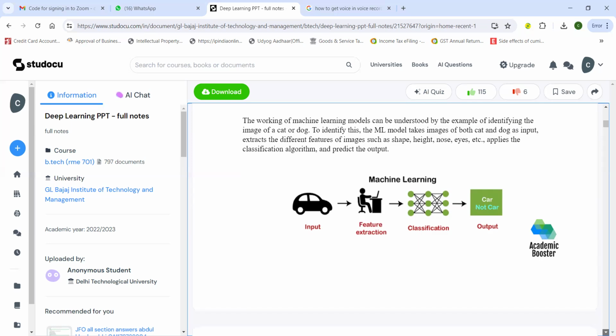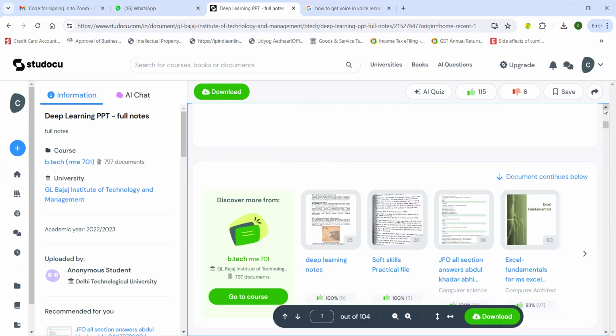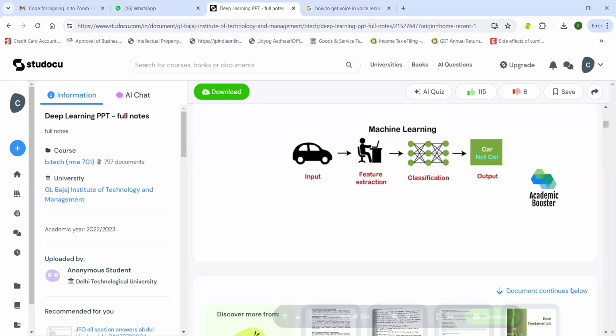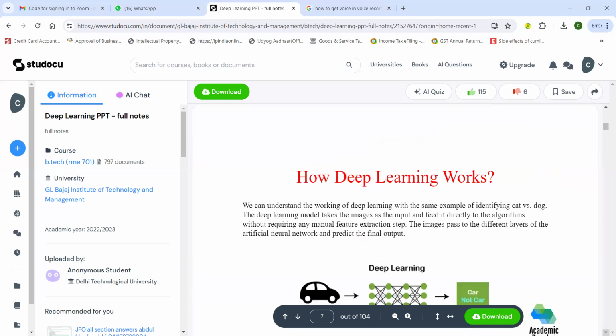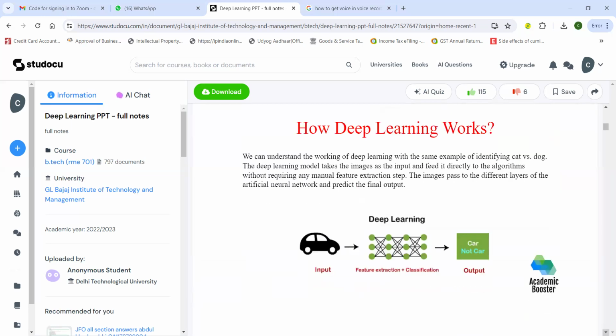Next, we are going to see how deep learning works. Like in machine learning, there are two different processes, that is feature extraction and classification.